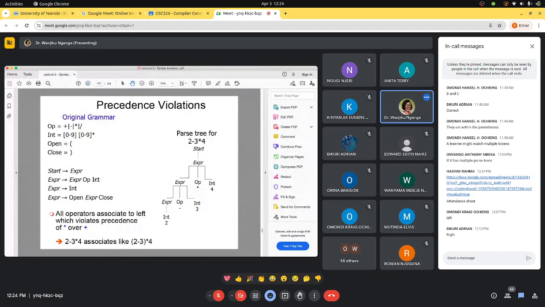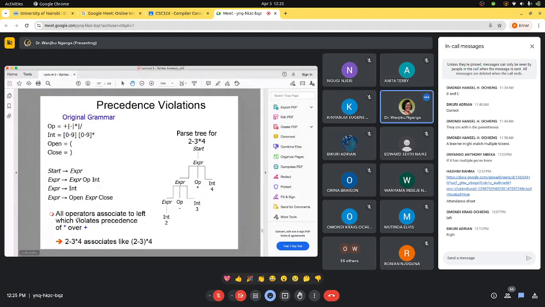In this case, if our grammar just looks like this, we have the operators, we've not given any precedence, we're just saying operator goes to either plus, minus, times, division. Then you have our integers and you have open and close parentheses. Here we've said this is enforcing left associativity because this has to be done first. So this operator will first have to bind on this side.